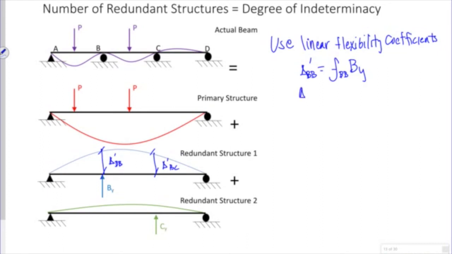Similarly, my deflection at C due to that force at B is flexibility coefficient with the same subscripts times By, right?